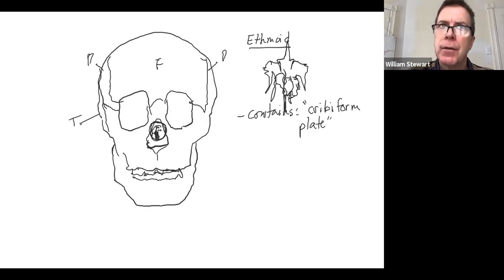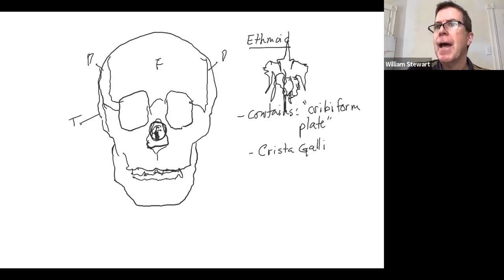That means little holes for our sense of smell. Olfactory nerves pass through there, and those nerve endings are sensitive to changes in the chemical atmosphere. They're sensory nerve receptors. It also contains something called the crista galli.